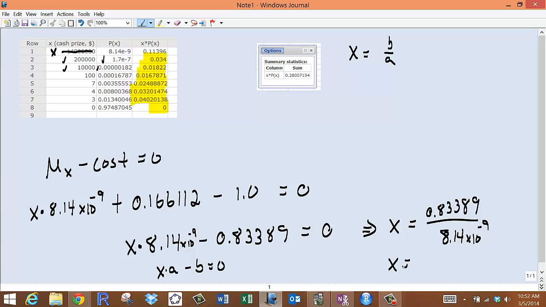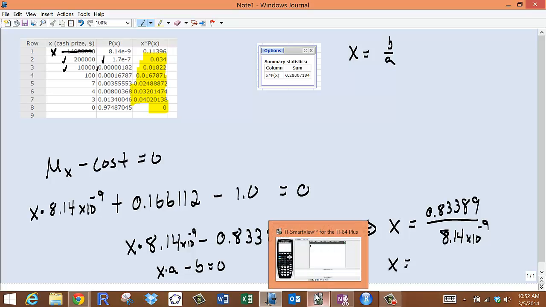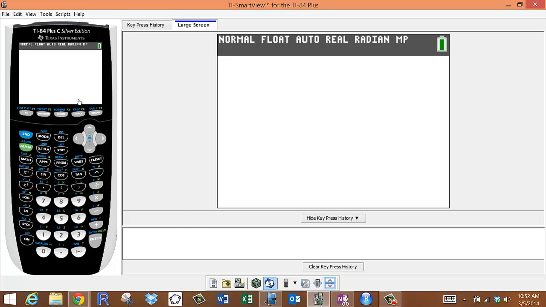Okay, so let's go ahead and see what we get here. I'll pull up our calculator and show you how to do this on the TI-84 Plus calculator.